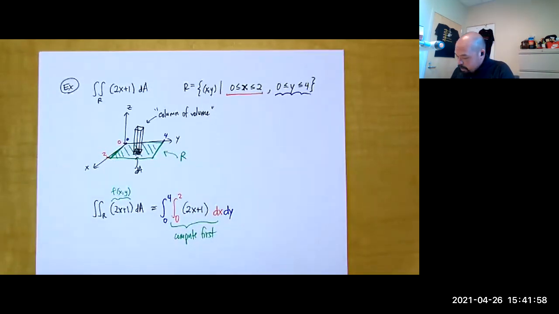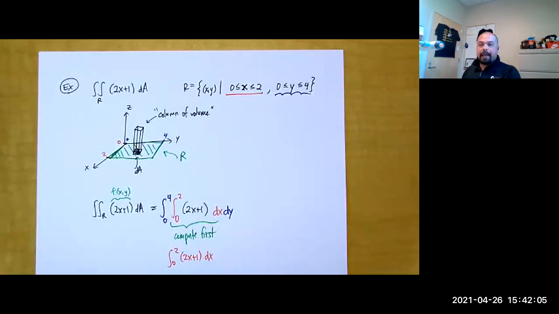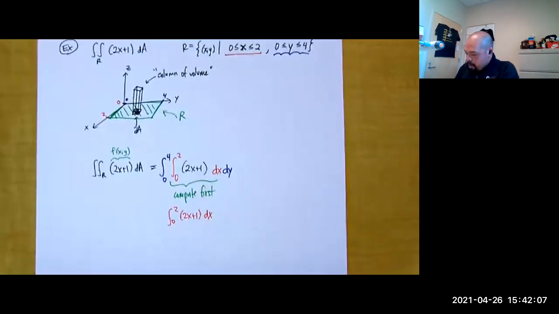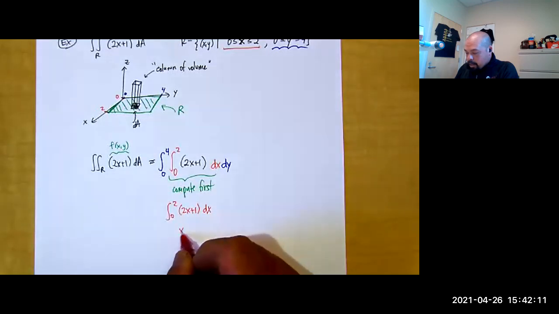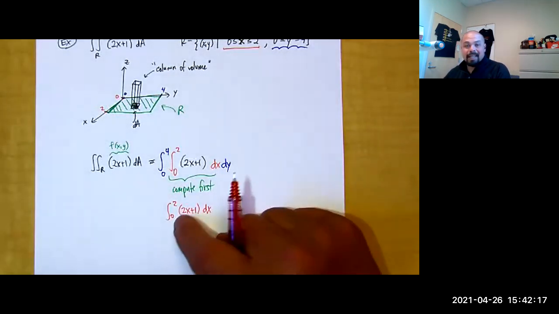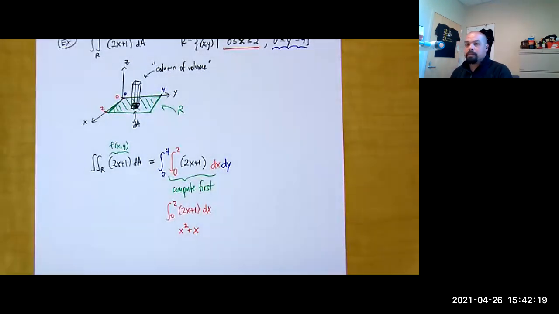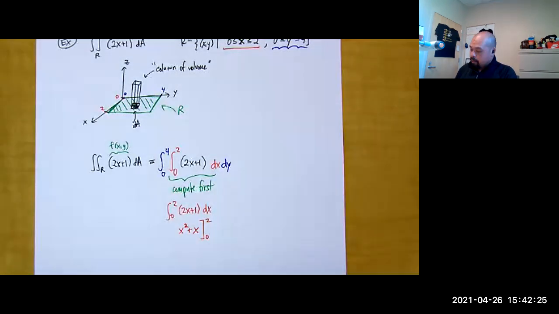So when I do that, just thinking about, okay, if I was to integrate from 0 to 2 of 2x plus 1 dx, right, our fundamental theorem of calculus, back to Calc 1, that power rule, x squared plus x. Since I have a definite integral, there's no constant of integration here, we're going to evaluate from 0 to 2.